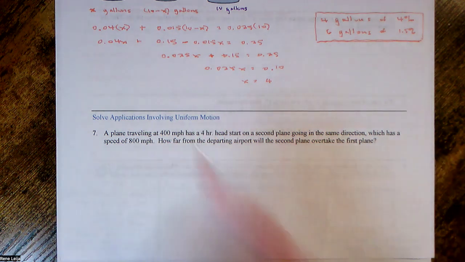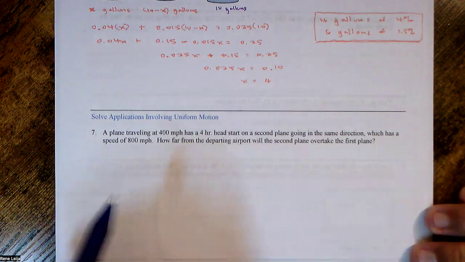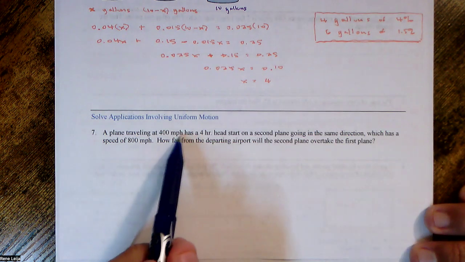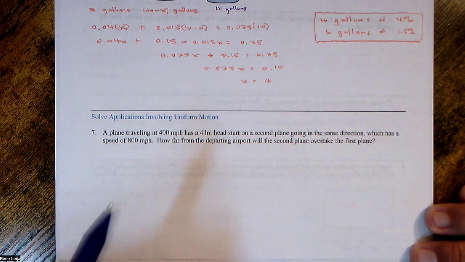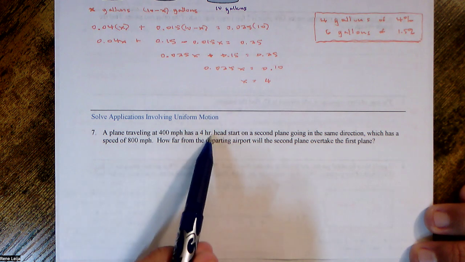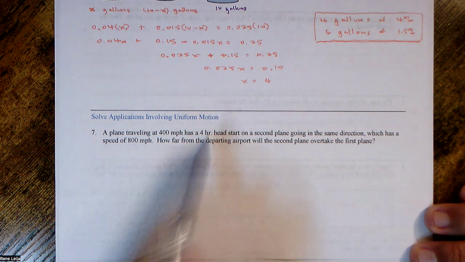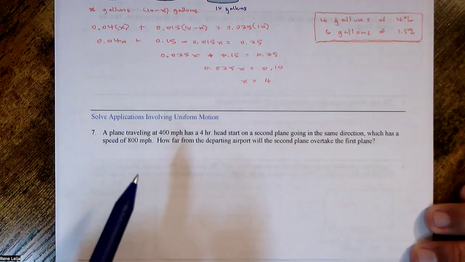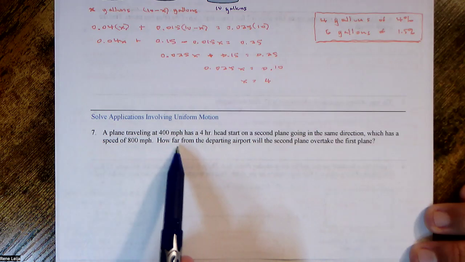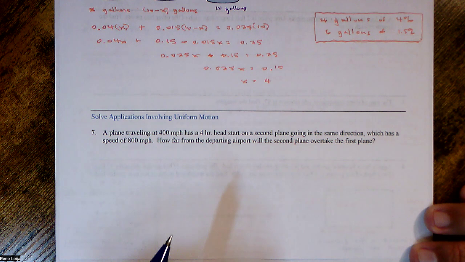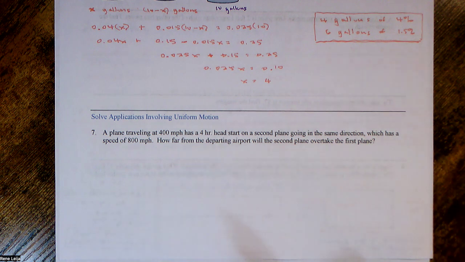Okay. Now, uniform motion refers to, well, let's look at what we have. We have a rate, that's miles per hour, that's a rate. We have time, 4 hours. And then it wants to know how far, which is distance. So we know we're looking for distance.